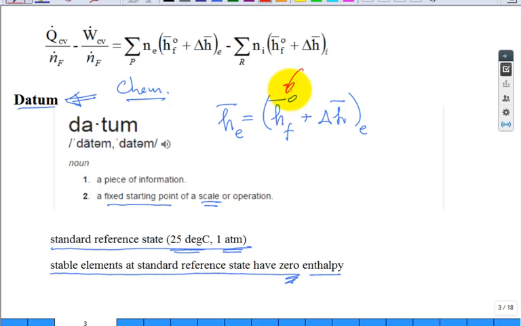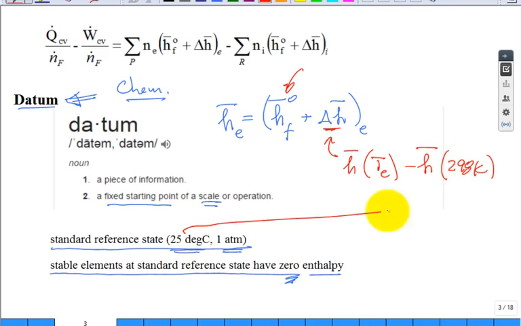What this one is typically broken out to be is the molar enthalpy at the temperature that it's exiting minus the molar enthalpy at the reference, 298 Kelvin. Isn't that 298 Kelvin, 25 degrees C? And a lot of them behave as ideal gases, hence they're only a function of temperature.